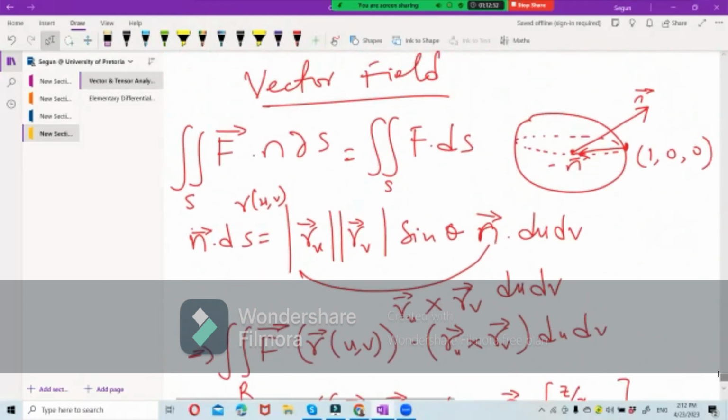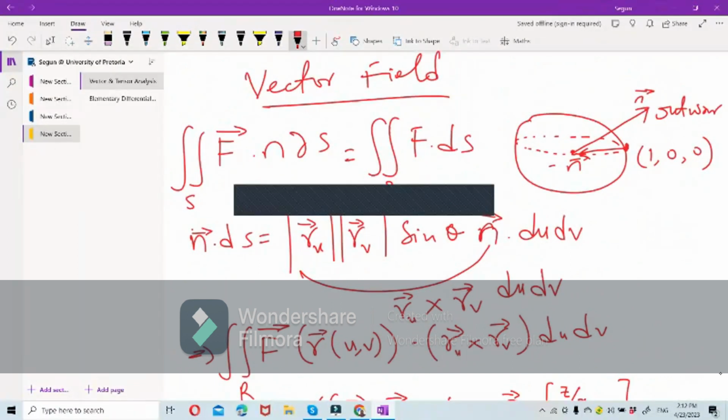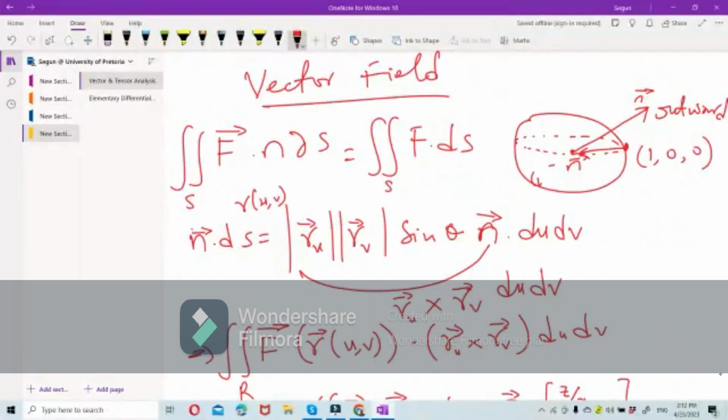Check this one. Which one is outward? Which one is inward? We have the outward one here and the inward one here.